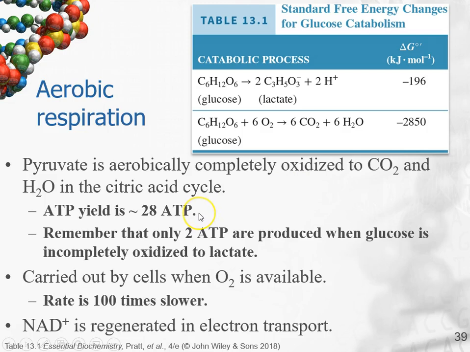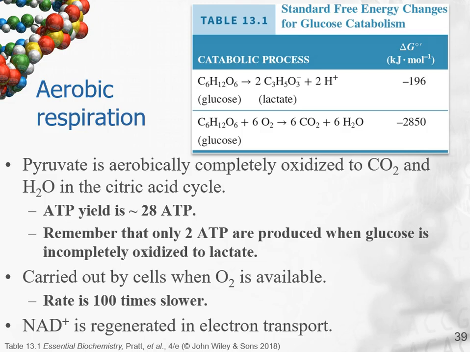So when you go from pyruvate to CO2 and water, in this part of the pathway, the ATP yield is about 28 ATPs. There's actually a few more produced because you get the other 2 in substrate level phosphorylation, so that gives you 30.